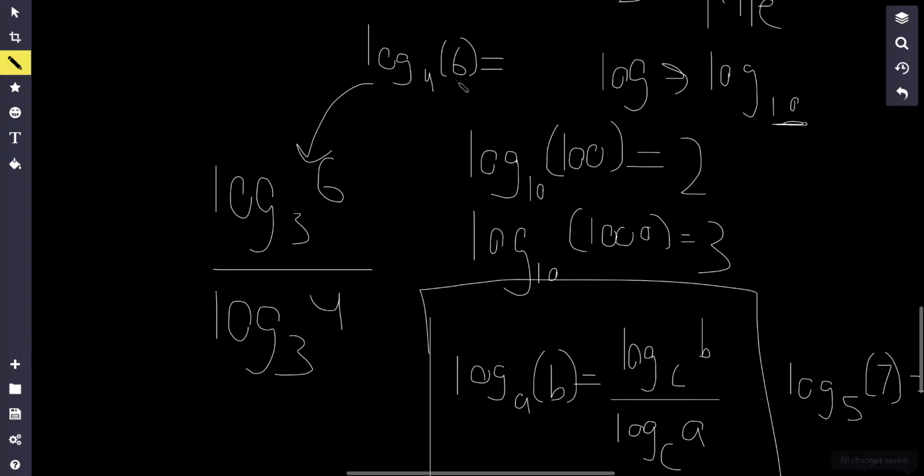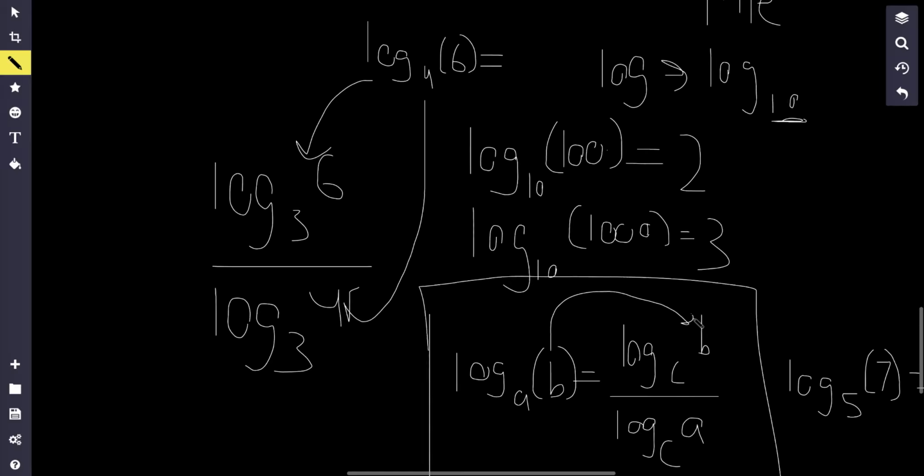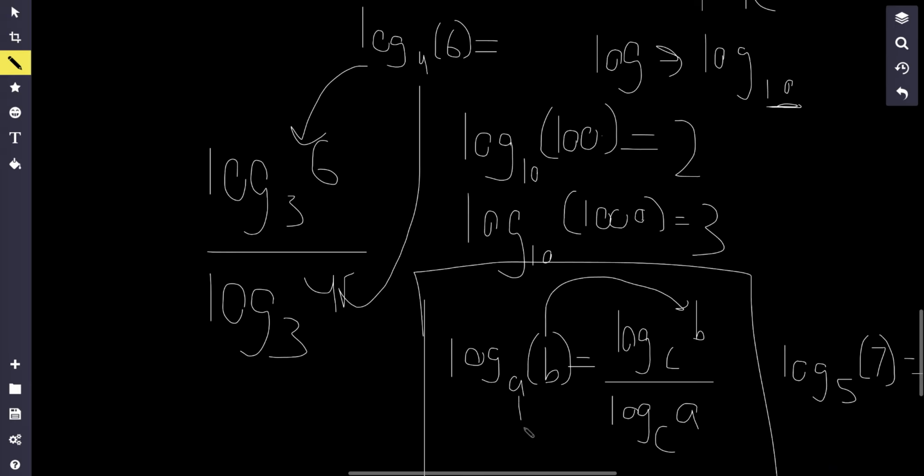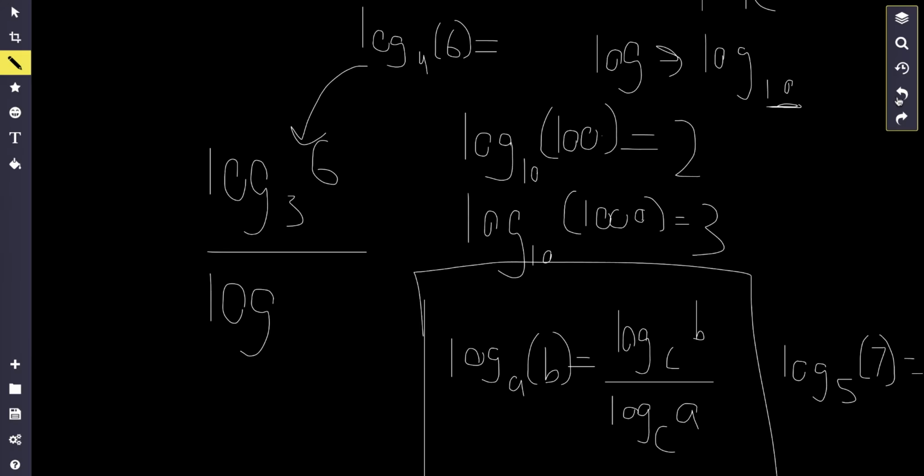The thing inside parentheses always goes on the top, and the base itself is always in the denominator. The numerator is always the thing inside the parentheses, and the denominator always includes what was your base originally. So this is why the change of base rule is important.